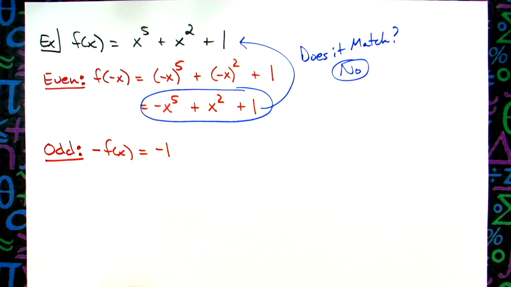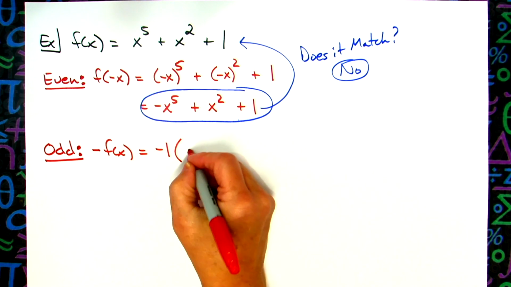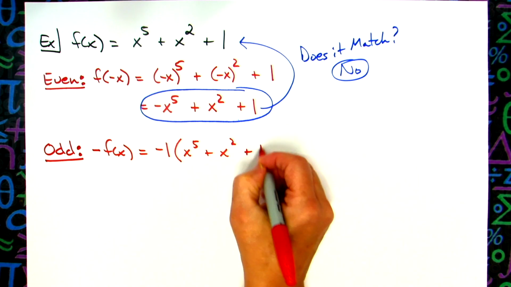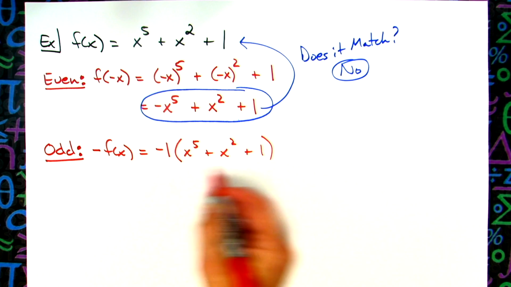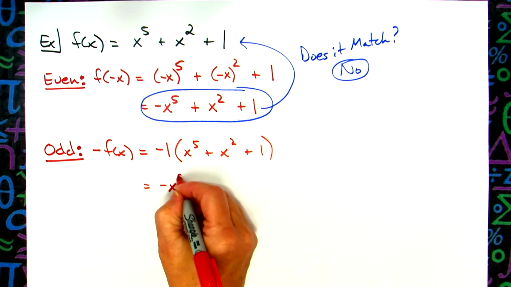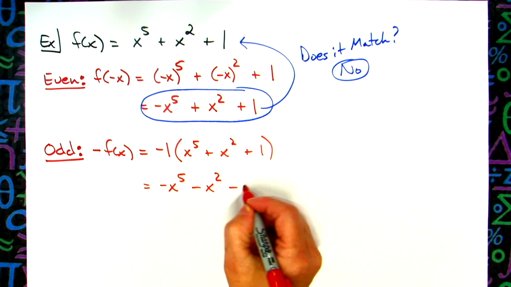I generally put the negative 1 down first. Then put the original function, x to the fifth plus x squared plus 1. Think of it any way you want. You can distribute the negative 1. You can go through and change all the signs. It becomes a negative x to the fifth, a negative x squared, and a negative 1.